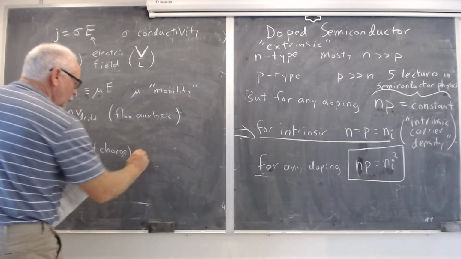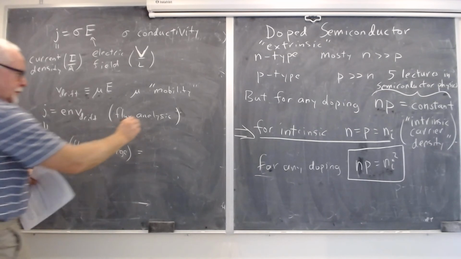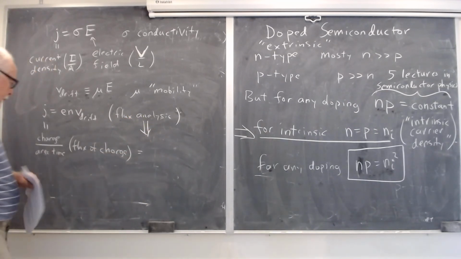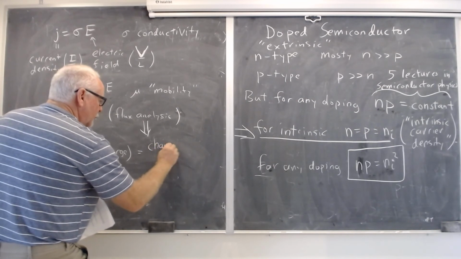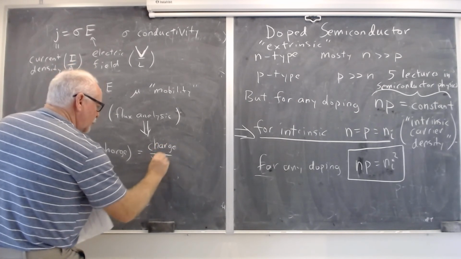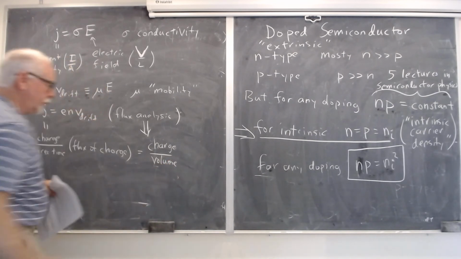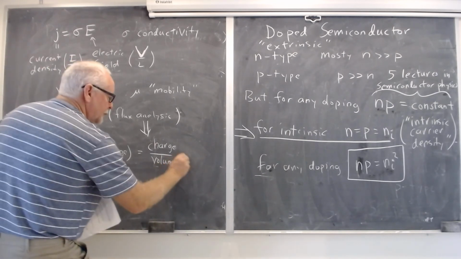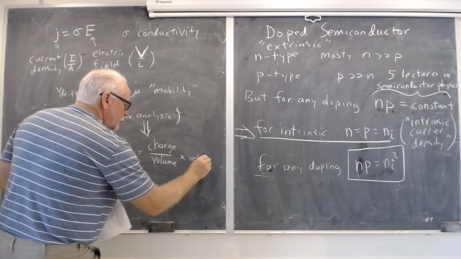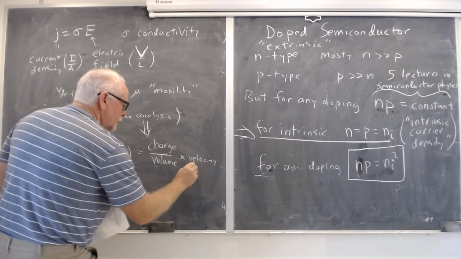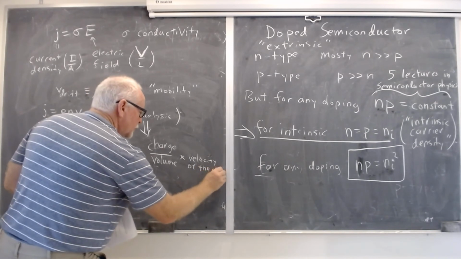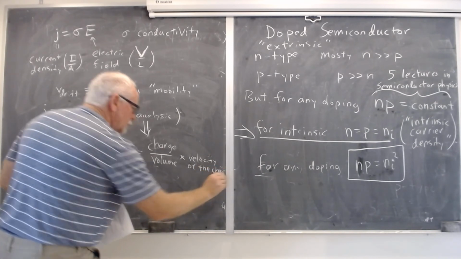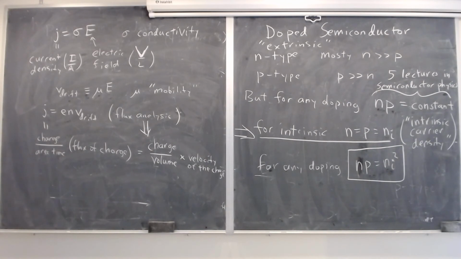And that's equal to the flux, which is the charge per unit volume times the velocity of the charge. And you can see that the units work out right.